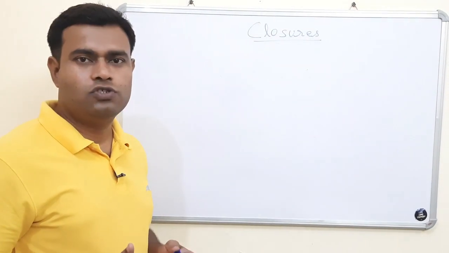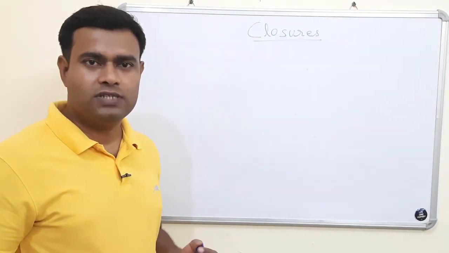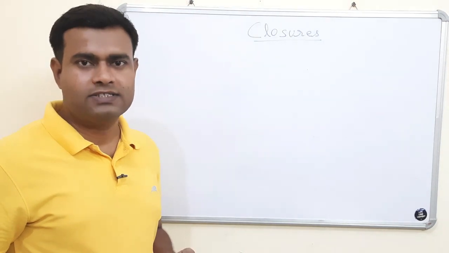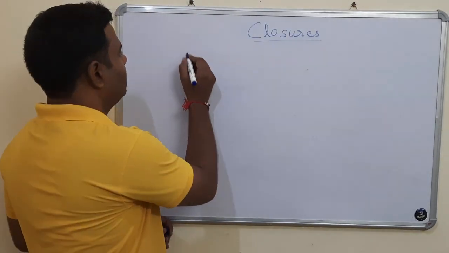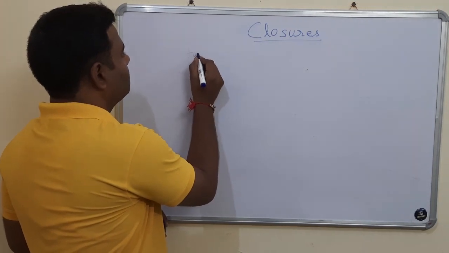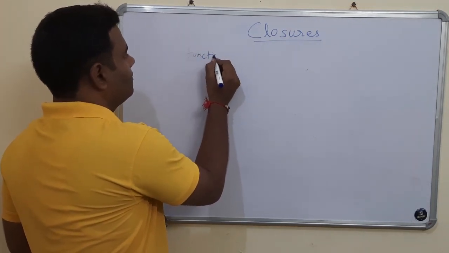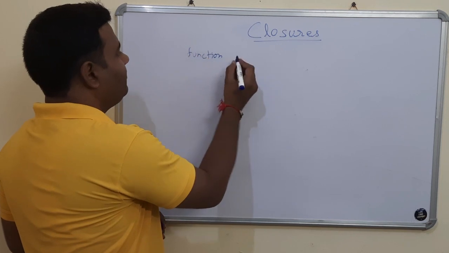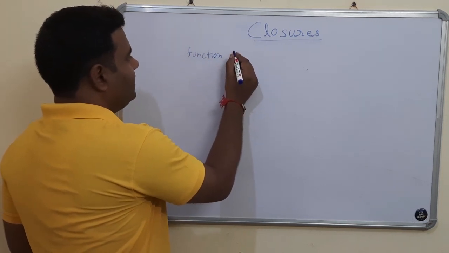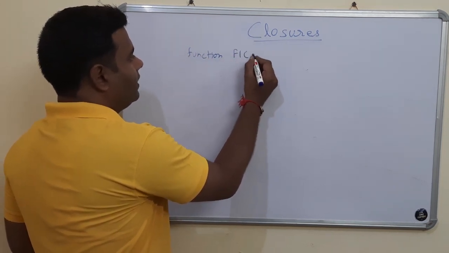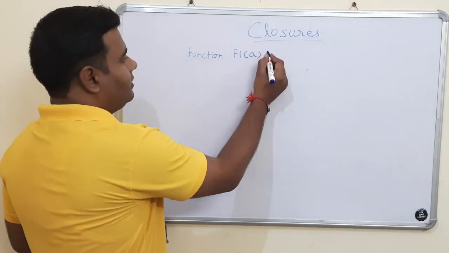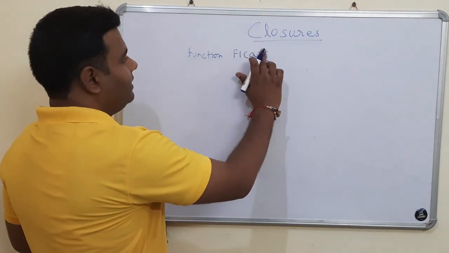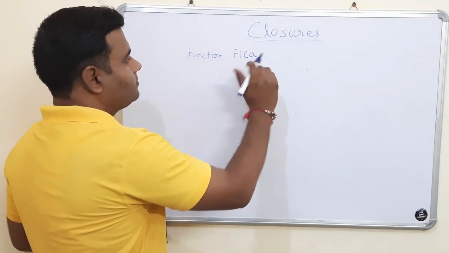So you might have used functions and callbacks in JavaScript. Let's take a simple example. We have defined a function, let's say f1, and it takes a variable a, and definitely a callback.